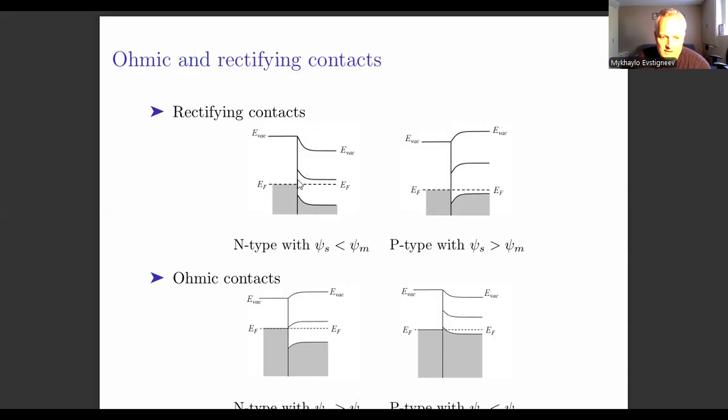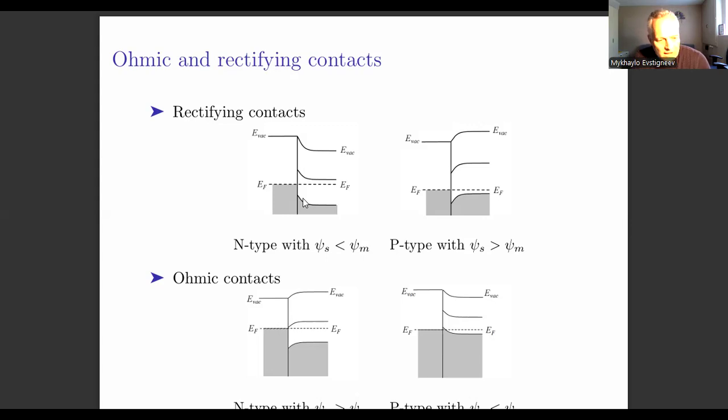Because notice that near the interface, the Fermi energy is further away from the conduction band edge energy than in the bulk of the semiconductor, right? So this means that the region right near the interface between the metal and the semiconductor is depleted on the semiconductor side. This region is depleted of the majority charge carriers, of the majority electrons.